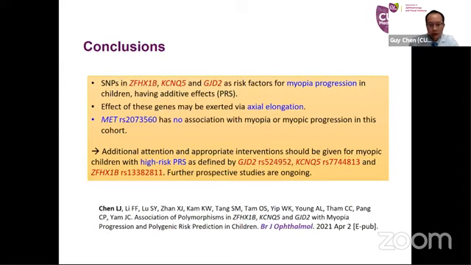So in conclusion, this study identified 3 new genes as genetic risk factors for myopia progression in children. Their effect may be exerted via axial elongation. Therefore, additional attention and proper intervention should be given to those children who carry the risk alleles of these genes. This finding has been published in BJO recently.